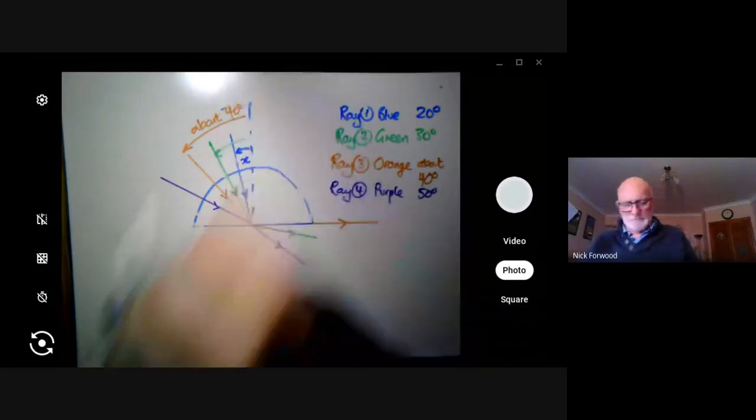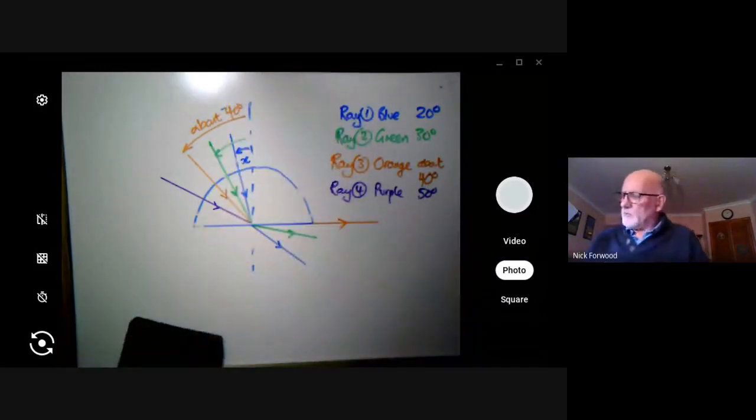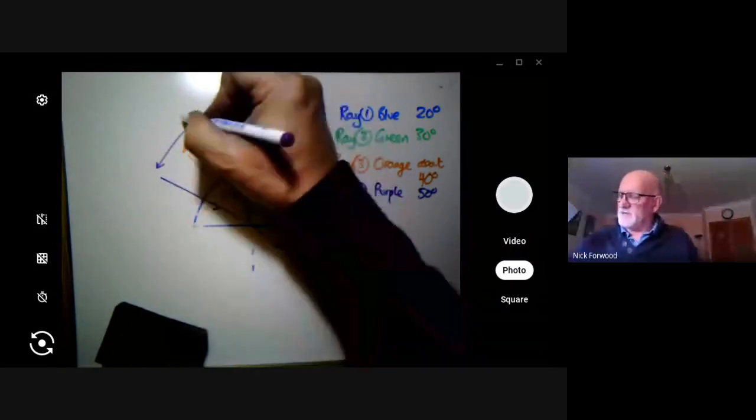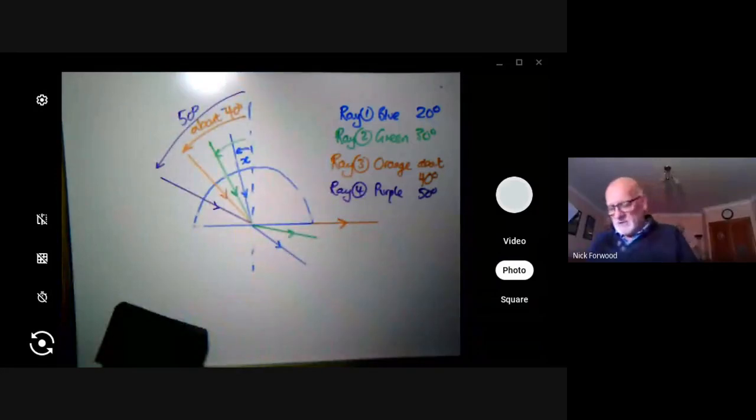And the purple one all the way around there is 50 degrees. So you could do this as an experiment in class, and you could find out. The reason why I've said about 40 is that it's not quite 40 degrees.